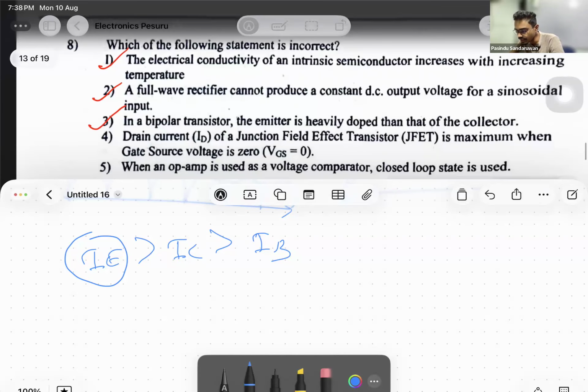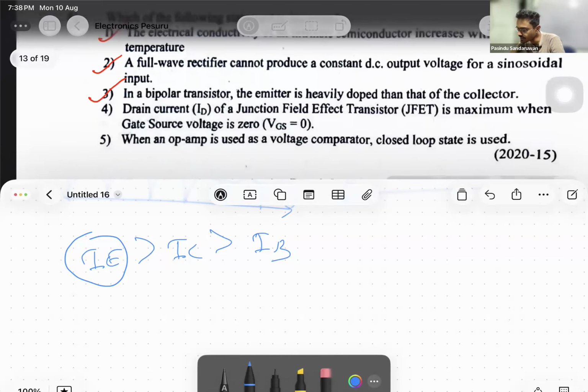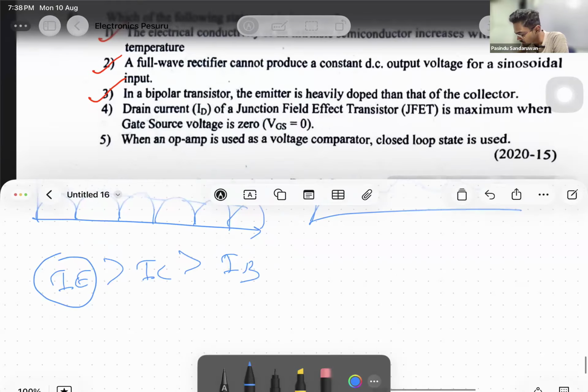4. Drain current ID of a junction field effect transistor, JFET, is maximum when gate source voltage is 0. Yes, because we know in a JFET, VGS is always negative when it operates, right?